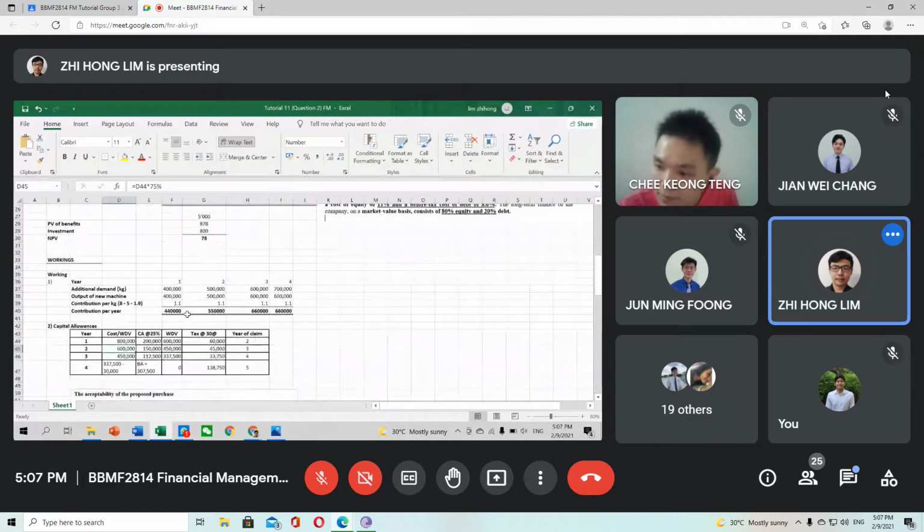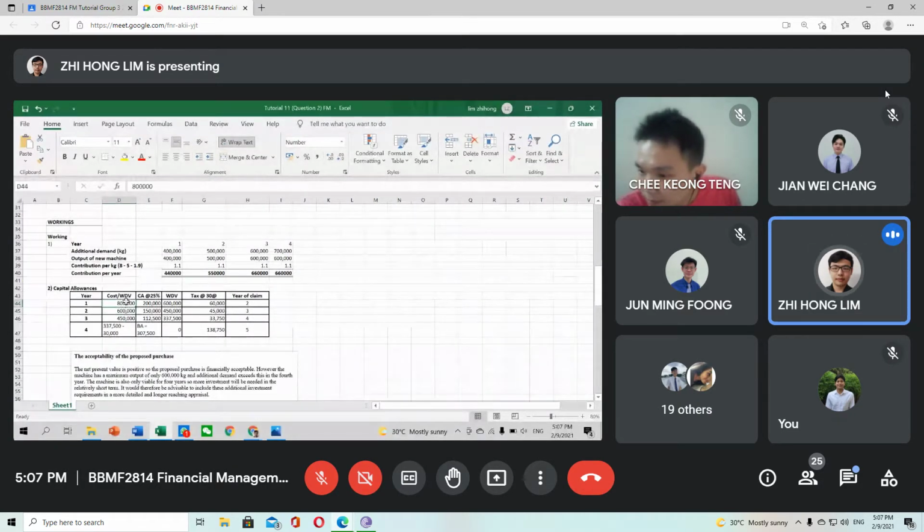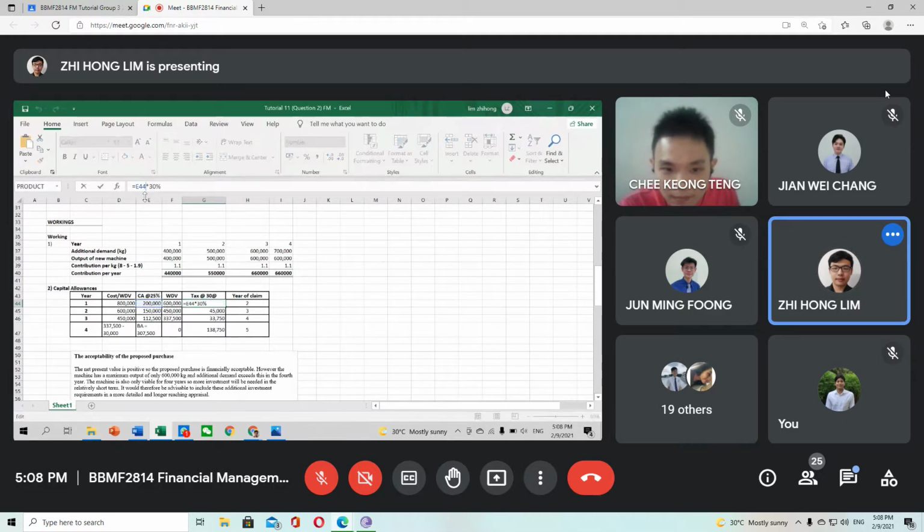So for the 2nd year we use 800,000 multiplied by 75%, and the 3rd year is the same. The capital allowance is 25%. Then the WDV is just the cost minus the capital allowance. And the tax is based on the capital allowance multiplied by 30%. Then you can find the 3 years of tax.